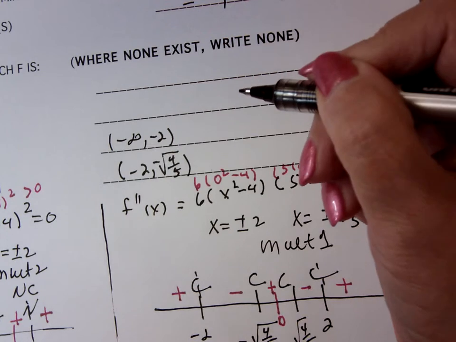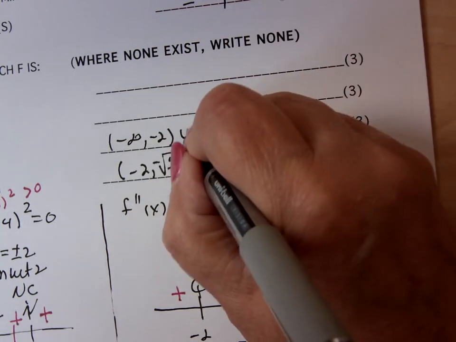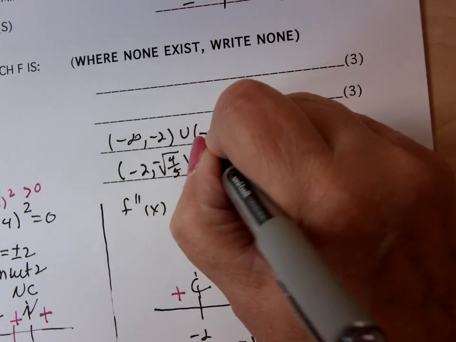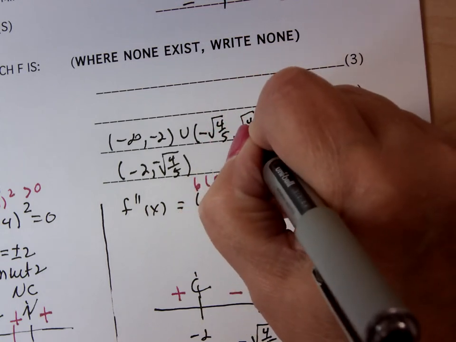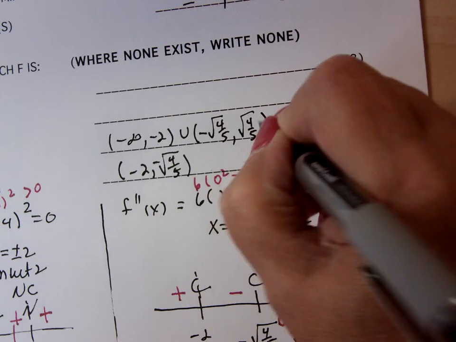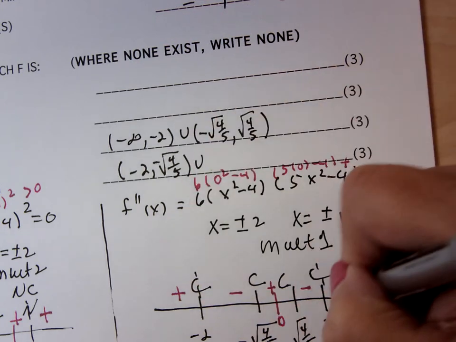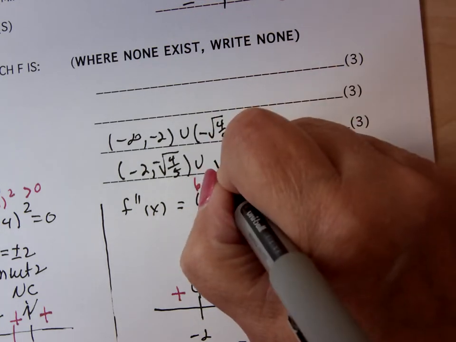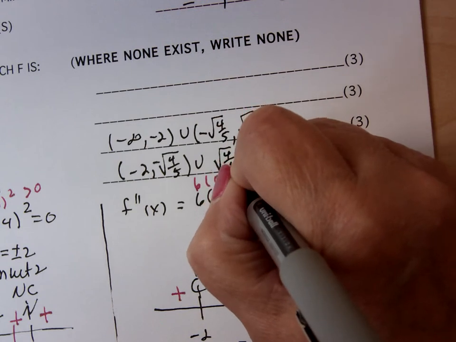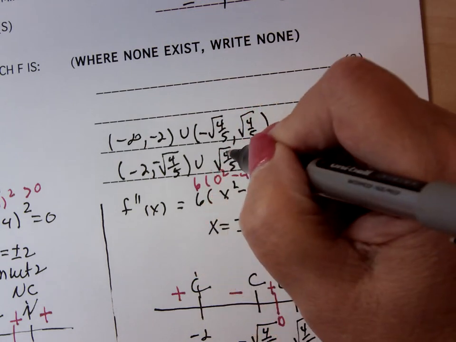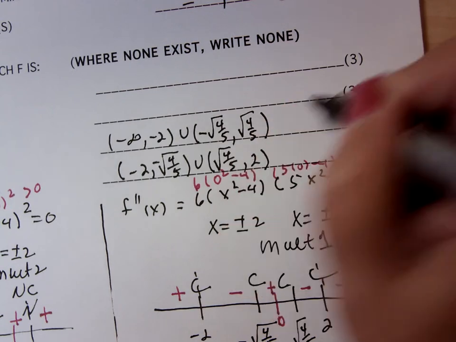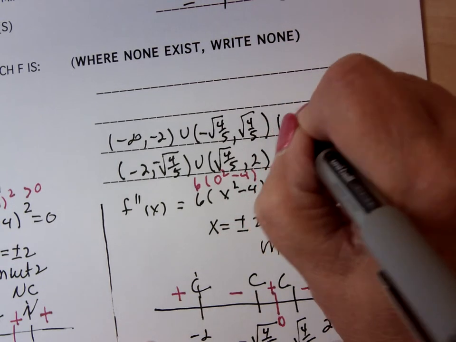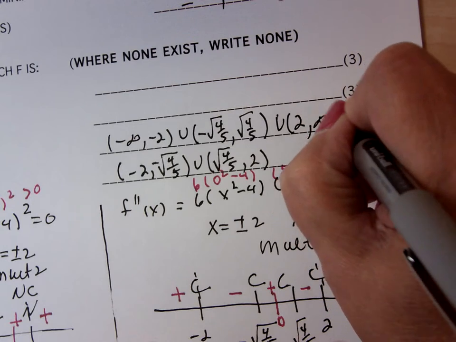Then it changes to concave up between negative square root of 4/5 and square root of 4/5. Then it changes again to concave down from the square root of 4/5 to 2. Then concave up again from 2 to infinity.